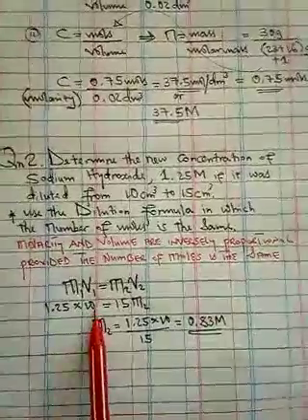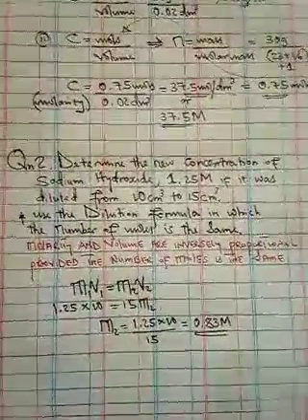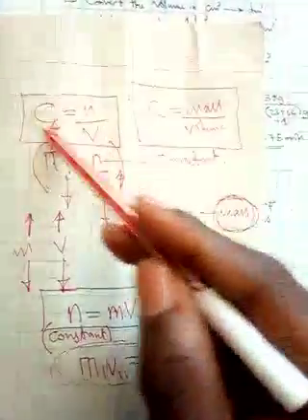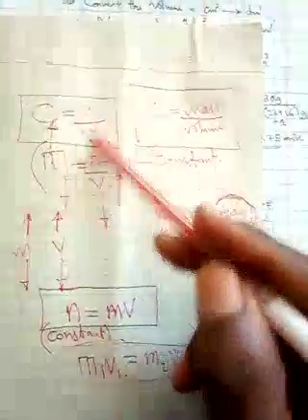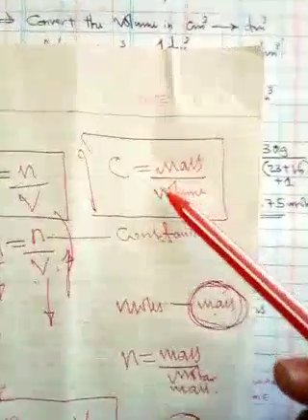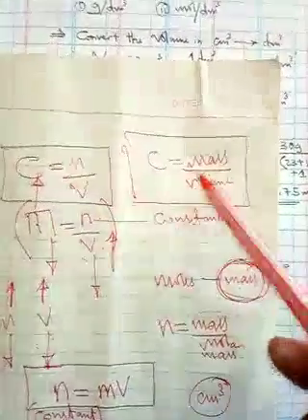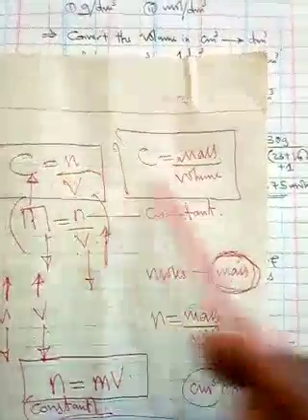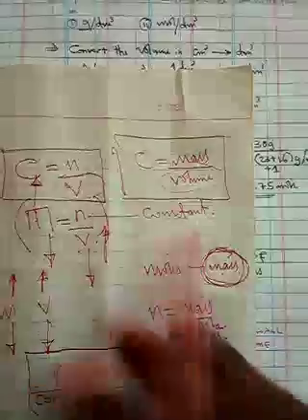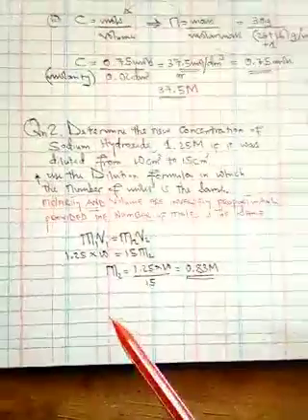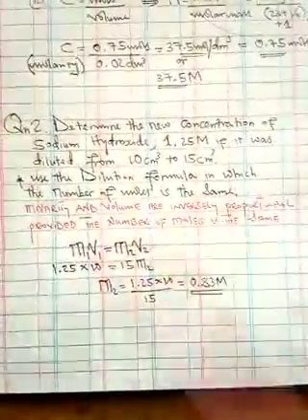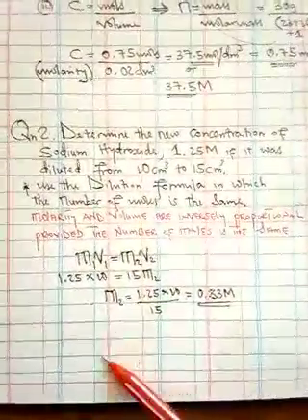There is no need for you to start converting it into decimeters cubed, unless, like I said, you are using the two formulas: concentration is equal to number of moles over volume, or concentration is equal to mass over volume. If you are using these two formulas, it's a must that your volume values are converted to decimeters cubed. But in this one, just go direct and straightforward. No need to make your conversions.